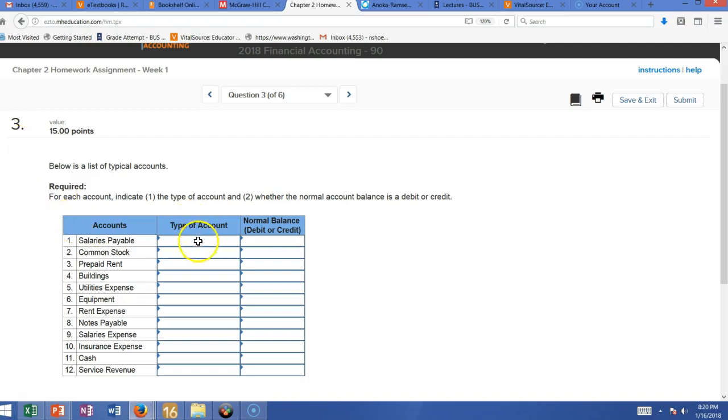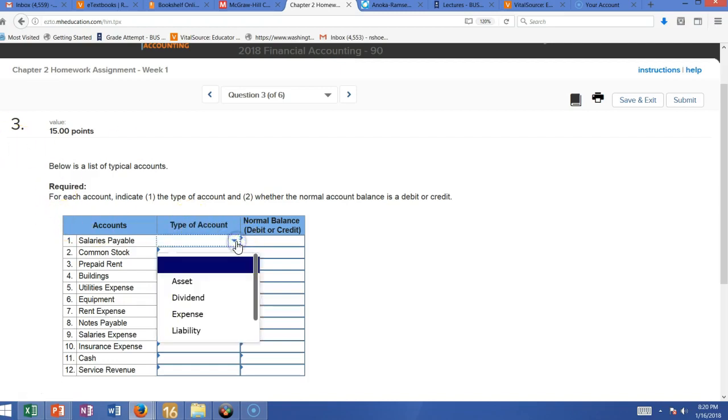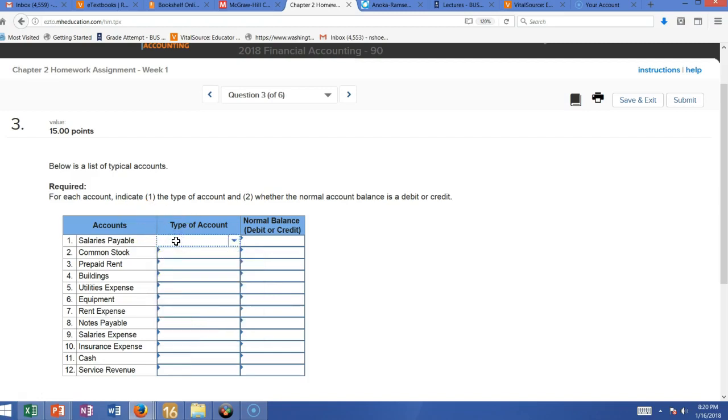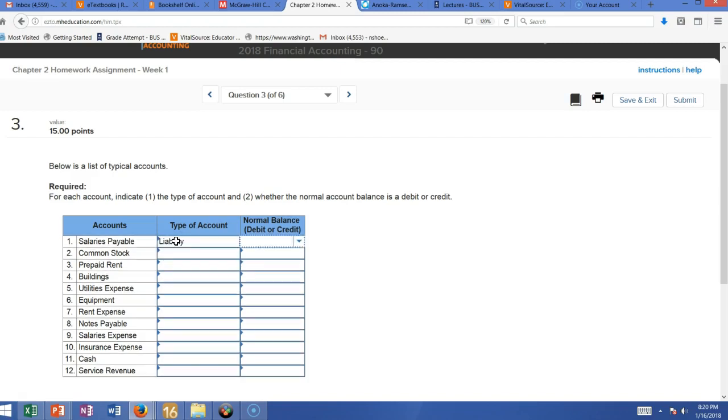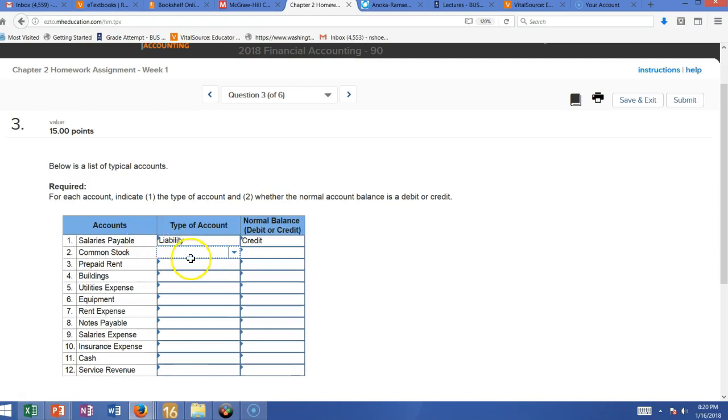So the type of account: is it an asset, a dividend, an expense, a liability, or a revenue or stockholders' equity? What is salaries payable? Does a liability have a normal debit or credit? Credit? See what you do here? Common stock. What kind of account is it? Stockholders' equity. Is that a normal debit or credit?